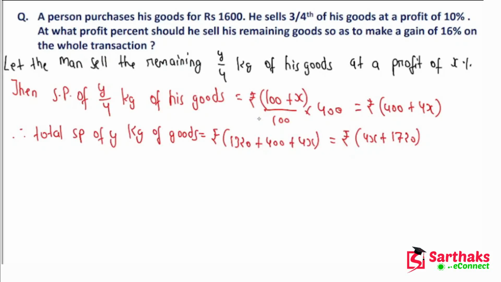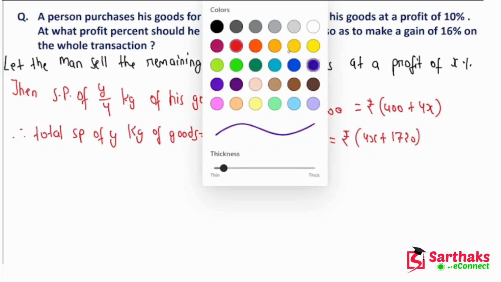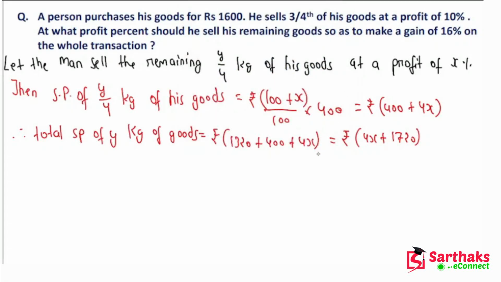Okay, so now the man makes a gain of 16% on the complete transaction. Now you can see that the total cost price is just rupees 1600, and the total selling price is this. So now you can calculate what the question is asking. The question is asking the value of this percent X, so that we can have overall 16% as the gain.